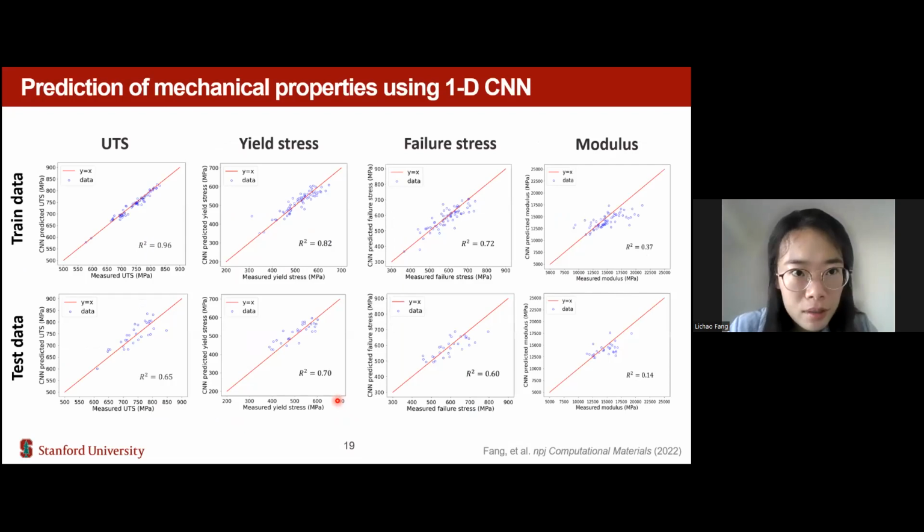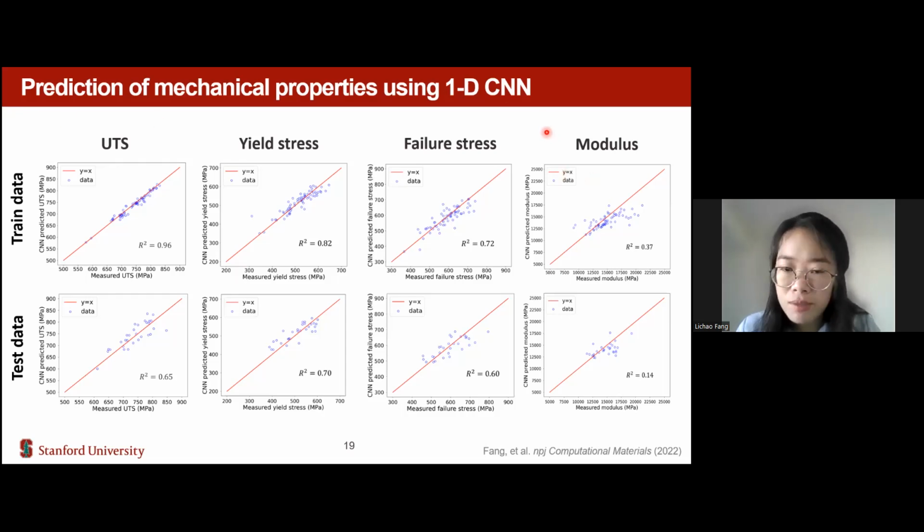This slide shows our prediction results. We compare the mechanical properties: UTS, yield stress, failure stress, and modulus. For most of them, for example from the UTS to the failure stress, we have pretty good agreement between the prediction and the measured data.